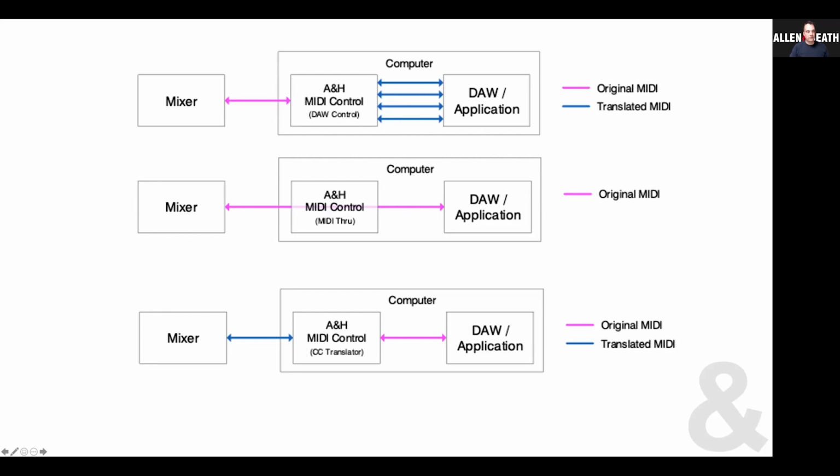When you are in MIDI through, the MIDI just goes from A to B, so from the mixer to your DAW application. If you are using CC translator, you are having a translation on your mixer side. So you can choose where you want your translation to be done.